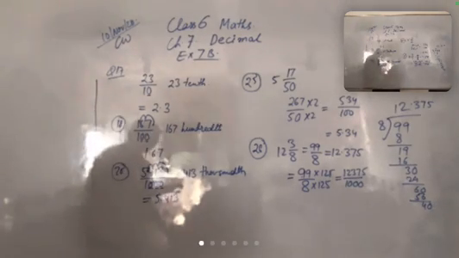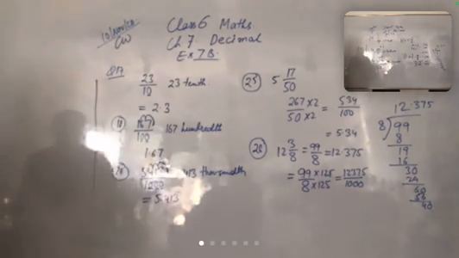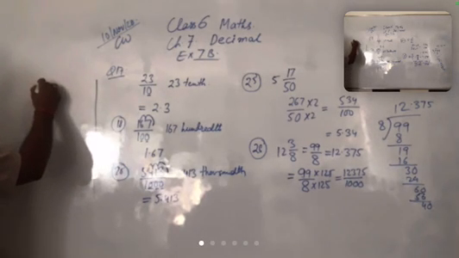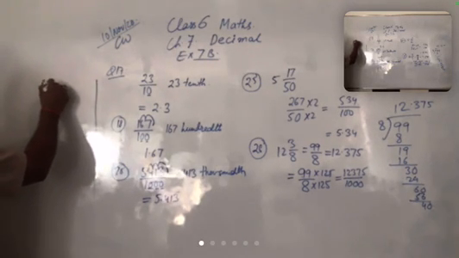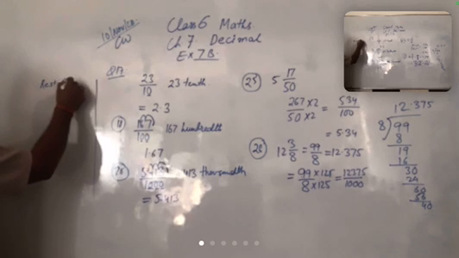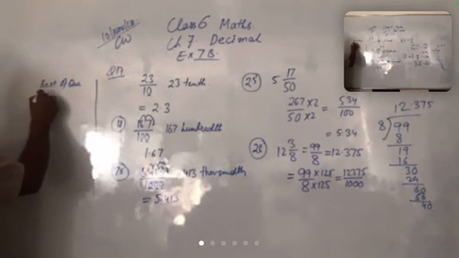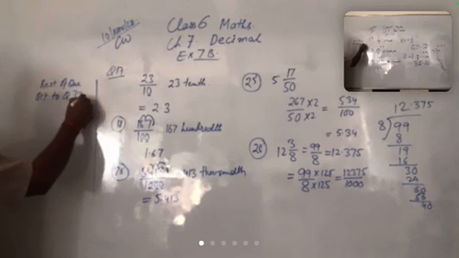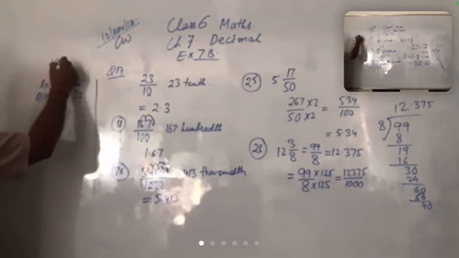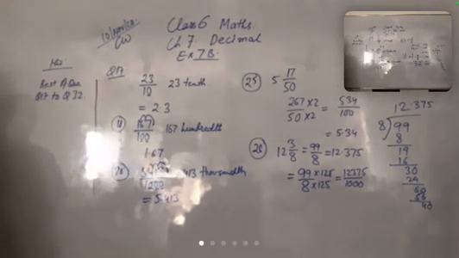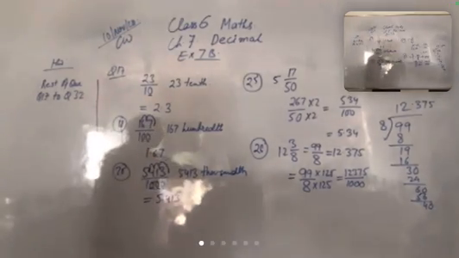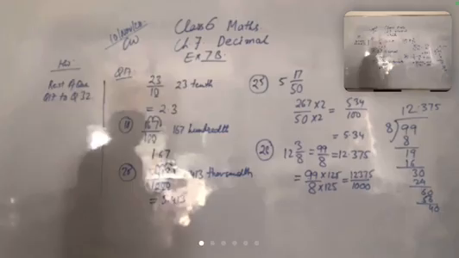Or if you have any problem, then you can ask. Today's homework is the rest of the questions between question number 17 to question number 32. Clear? If there is any doubt you can ask.